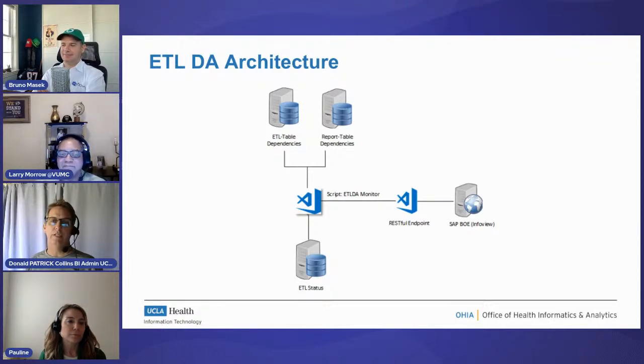What began actually as a script has grown into what I would call, you could call it a script on steroids, I guess, but it's really almost a full-blown framework. And I see that we have a diagram up here. So at the heart of it is the script. The script's job is to monitor ETL status on a moment-by-moment basis.